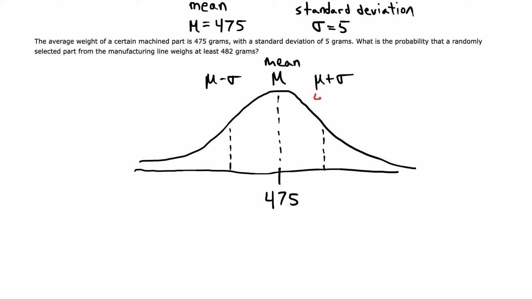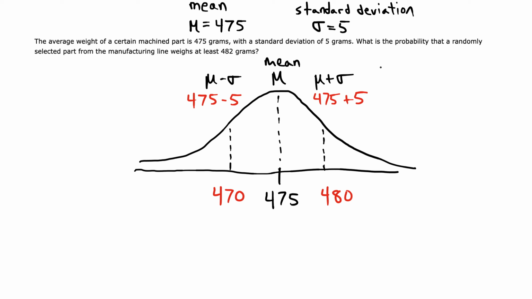So we're going to want 475 plus 5 here. That's going to be 480. And on the left we'll do 475 minus 5, just to give us a good picture of what's happening in this normal curve.